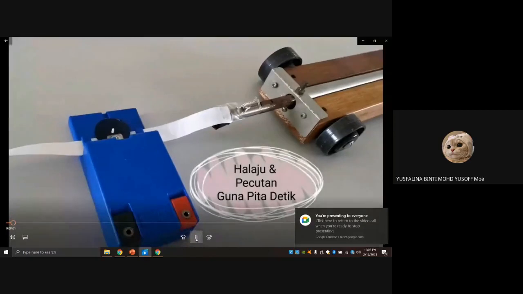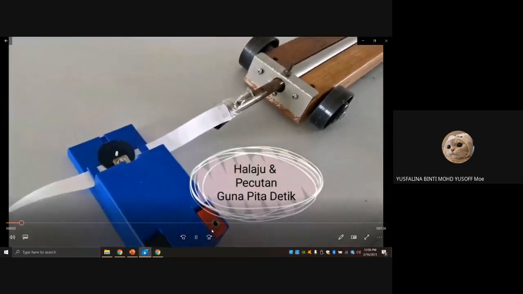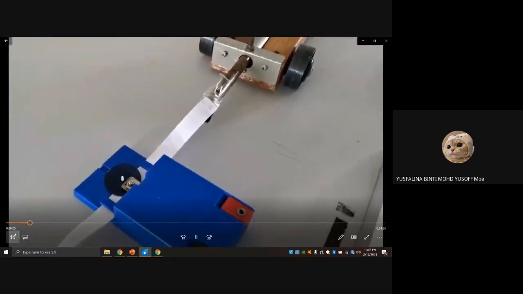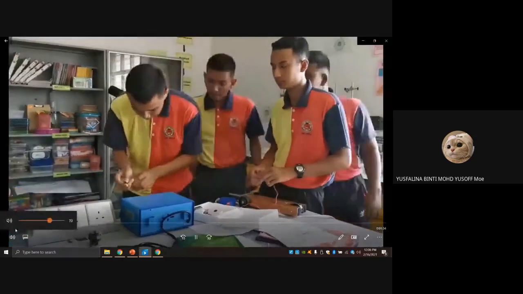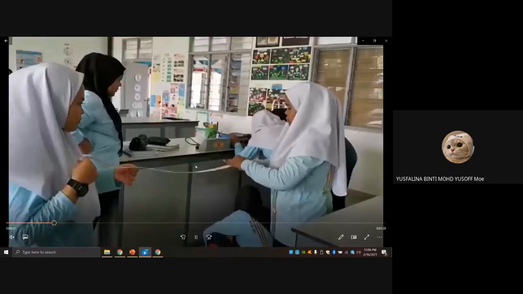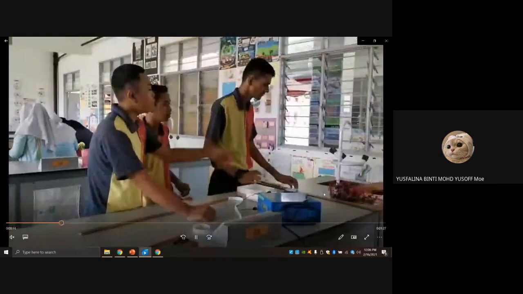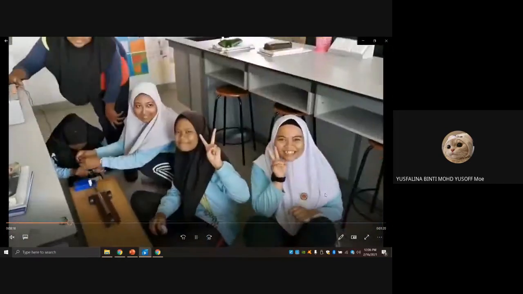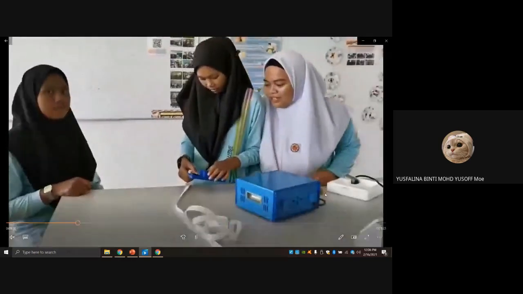So this is the ticker tape and ticker timer. The ticker tape will be connected to the ticker timer by using the cellophane tape.